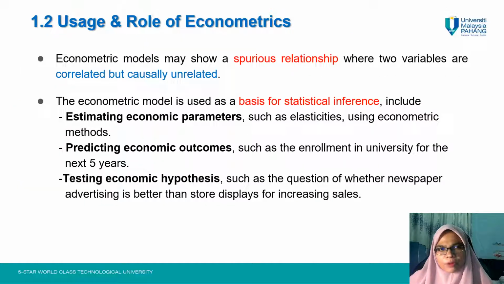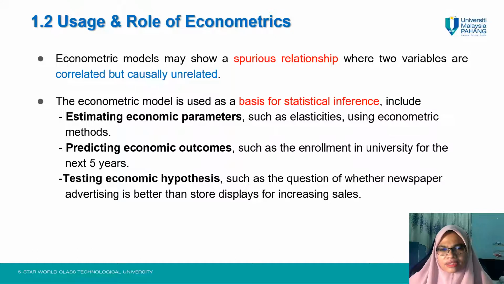The second subtopic, that is subtopic 1.2, is about usage and role of econometrics. Sometimes econometric models may show a spurious or fake relationship where two variables are correlated but causally unrelated.